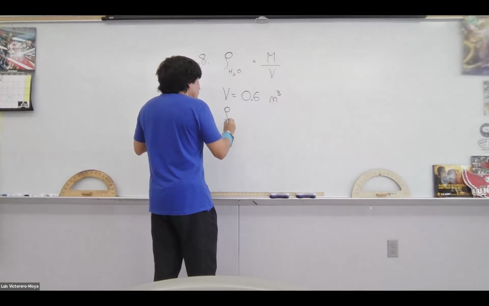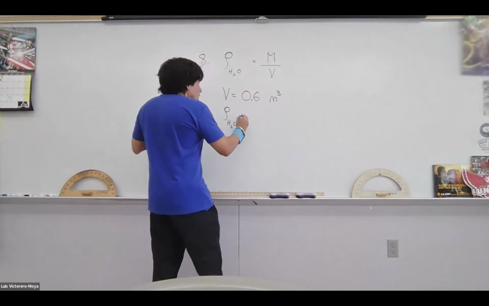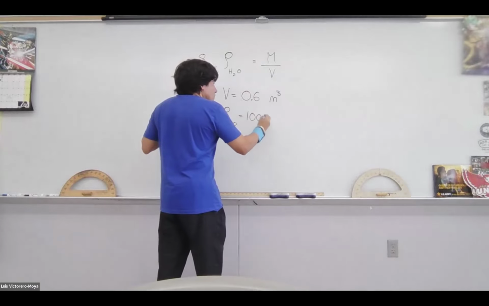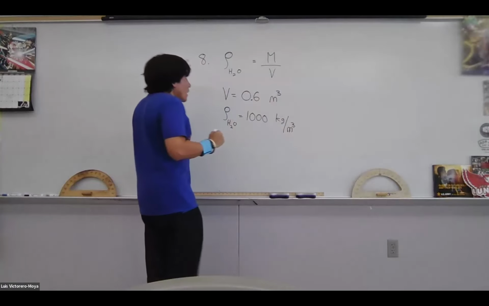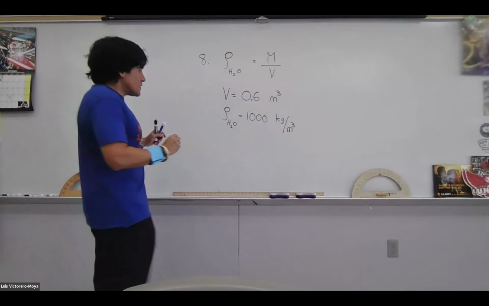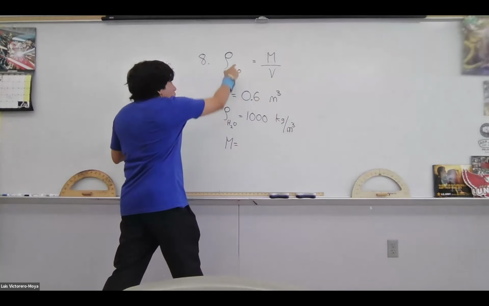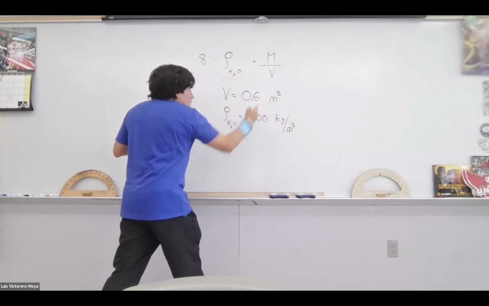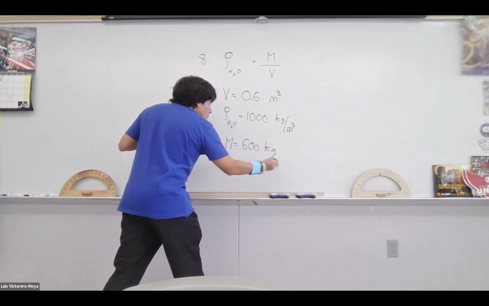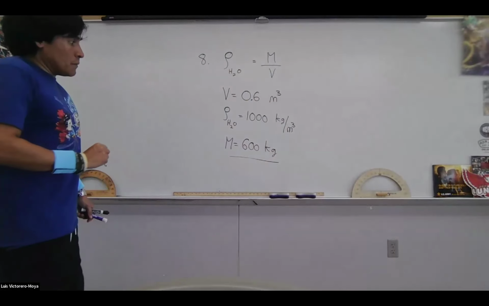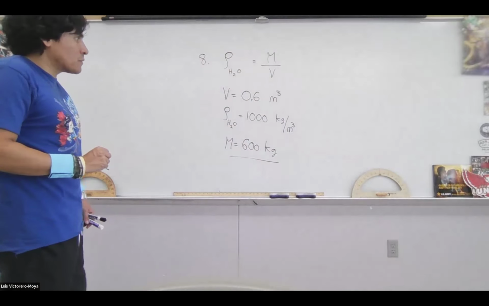The density of water in kilograms per meter cube is equal to 1,000. So the mass is density times volume, 600 kilograms. So it's quite a lot, right? 600 kilograms is quite a lot. It's 10 times the mass of an average person.